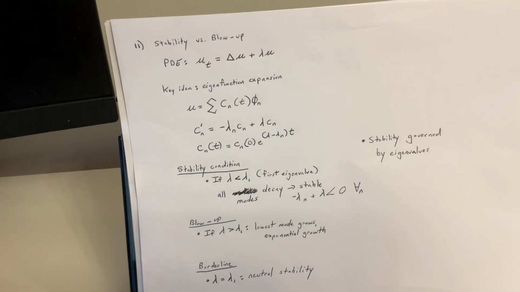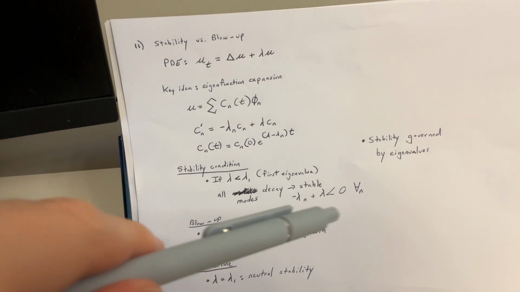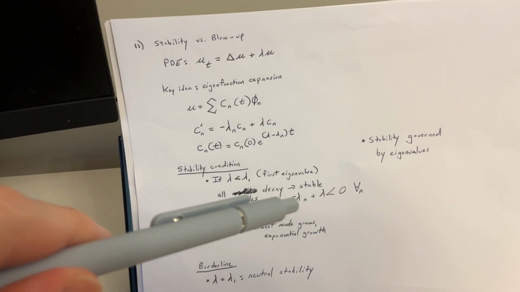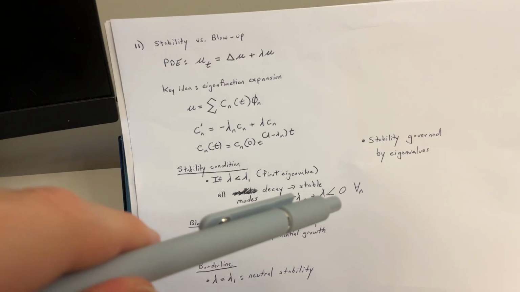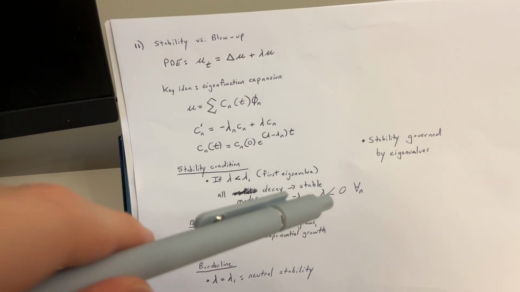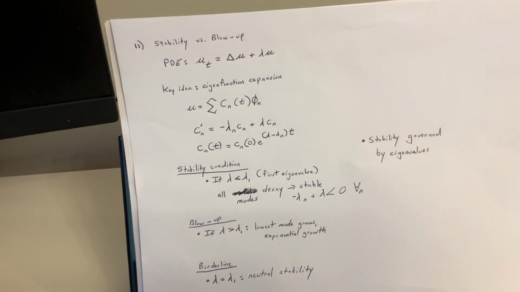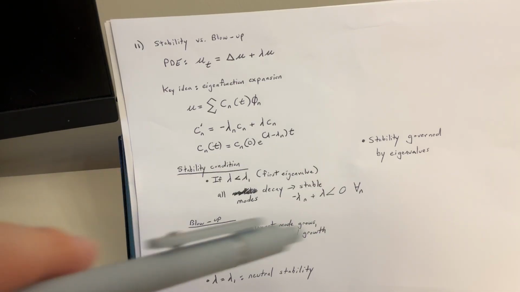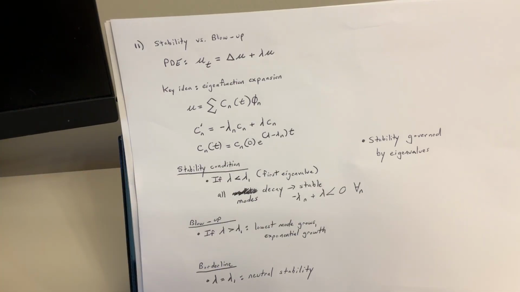So it's stable. And if it's stable, we have negative lambda sub n plus lambda is less than 0. So that's your stability condition.